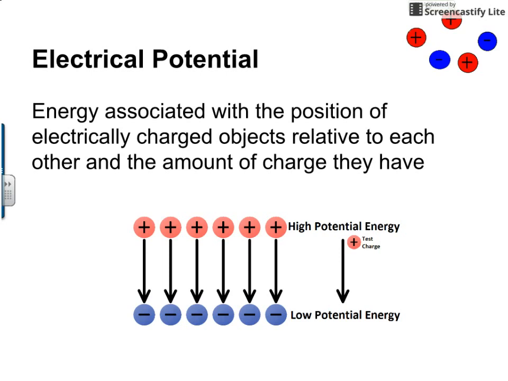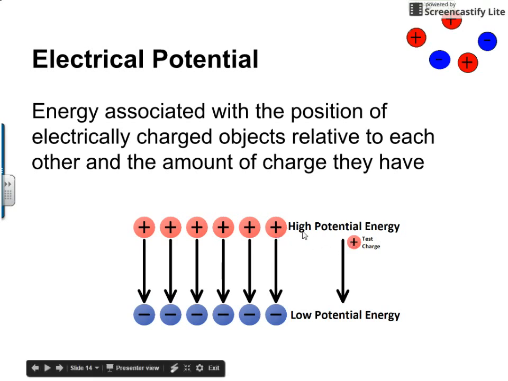The rule of thumb with this kind of energy is if you're making the charge do something it does not want to do, it has high potential energy. If it's doing what it wants to do, it's low potential energy. So in this graphic, we have a positive charge. It does not want to be by the positive charges. Like charges do not want to be together.